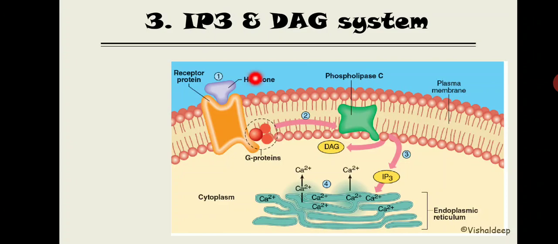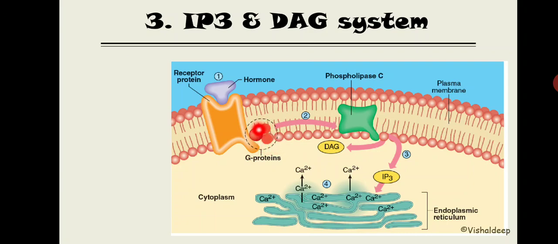As the hormone approaches the cell, it binds with the receptor. This is the 7-pass receptor, or the G protein coupled receptor, or the serpentine receptor. All three are the same. Once the hormone binds with the receptor, the intracellular domain undergoes conformational changes and attaches with a G protein.